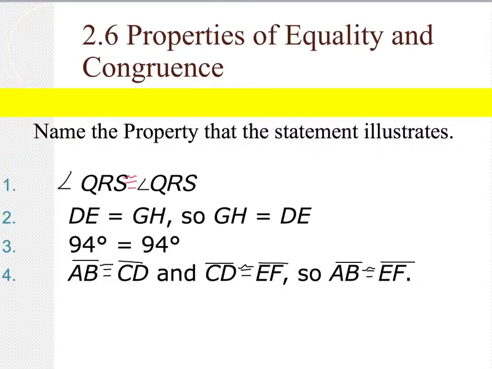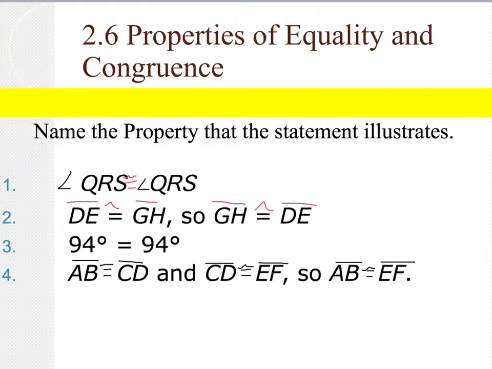Alright, so here's our first problem. It is angle QRS is congruent to angle QRS. These are all going to be symbols, because those are figures. And then at the bottom, 94 degrees is equal to 94 degrees.